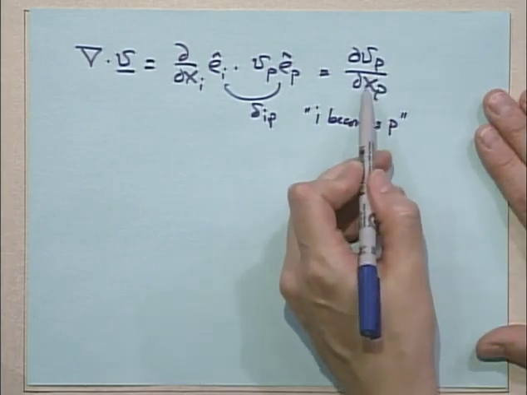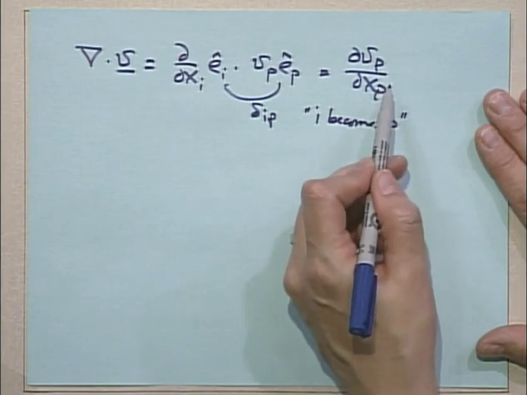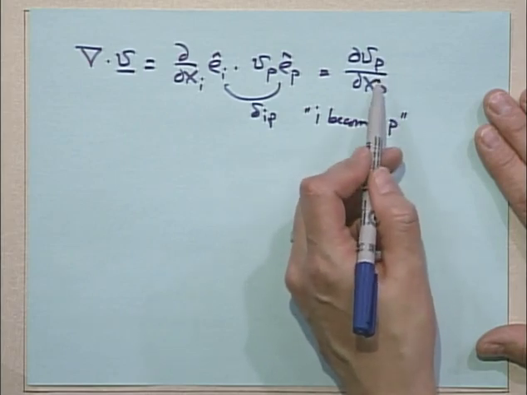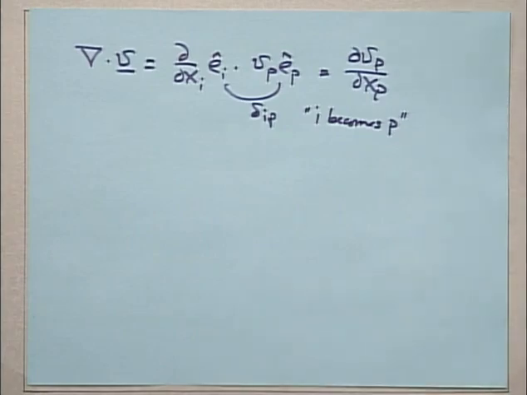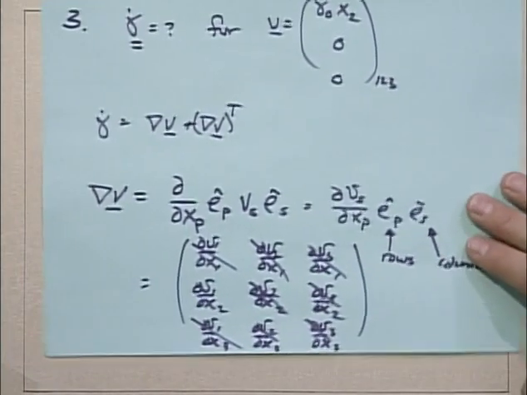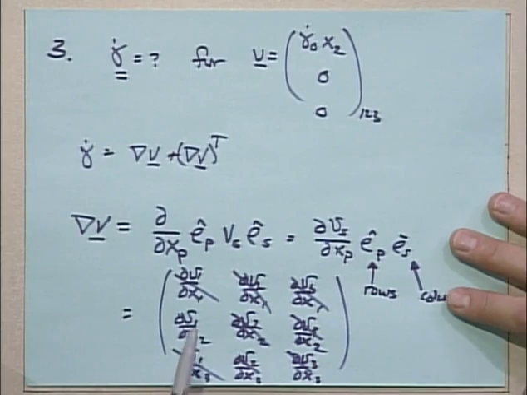This dv_p dx_p, where they're both the same and it's a scalar, it shows up all the time. It's the trace of gamma dot. If we go back here, look at this. The trace. dv1 dx1 plus dv2 dx2 plus dv3 dx3. The sum of the diagonal elements. It's the trace of del v.